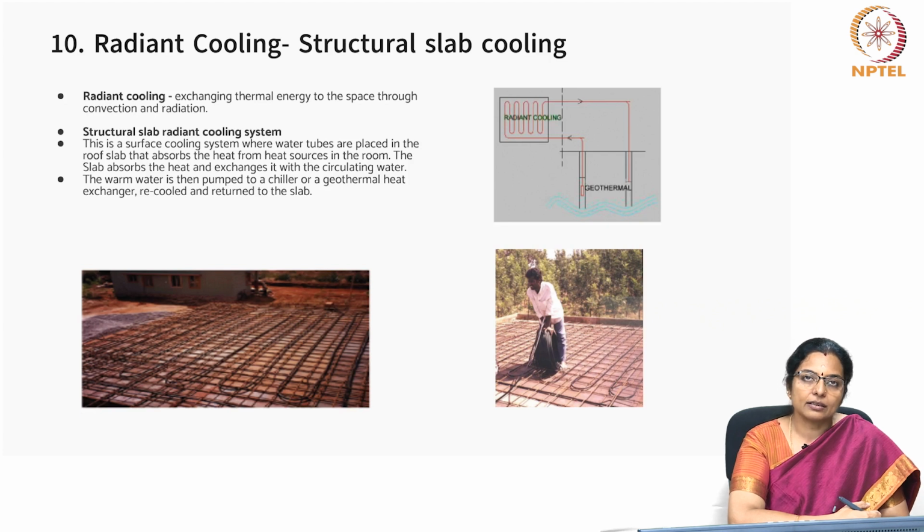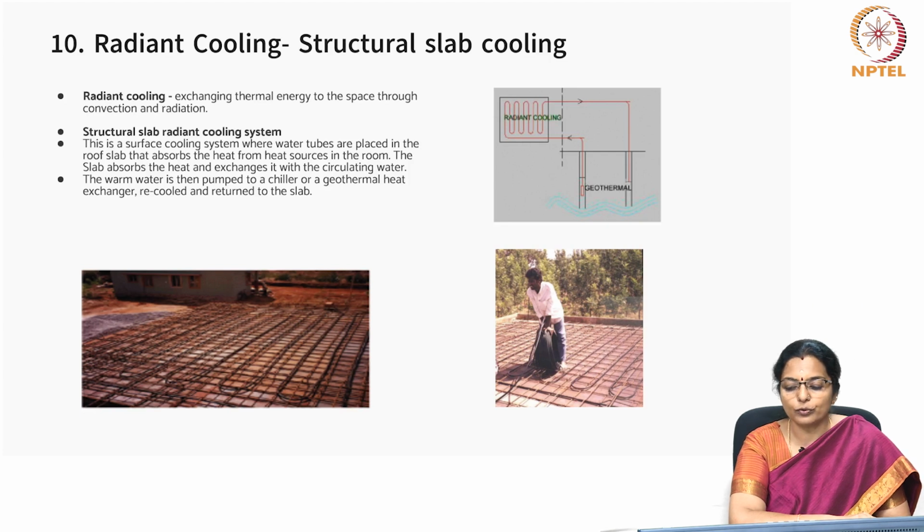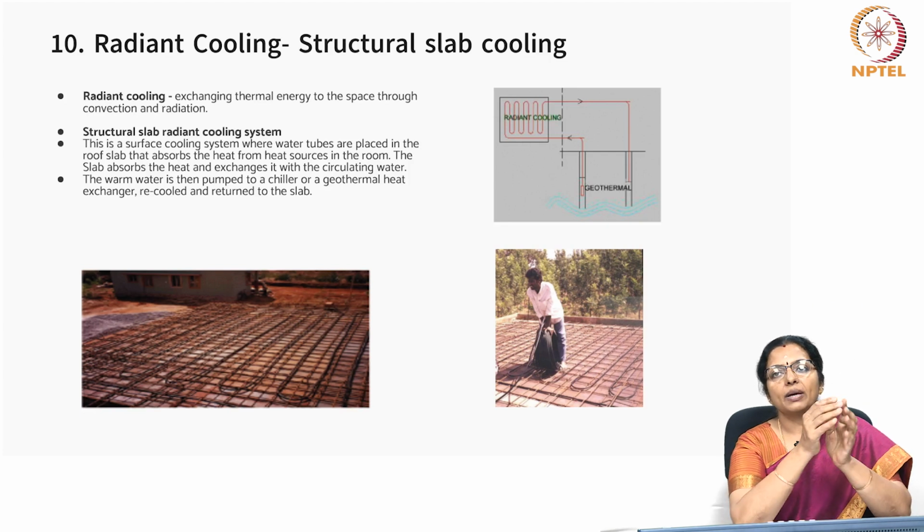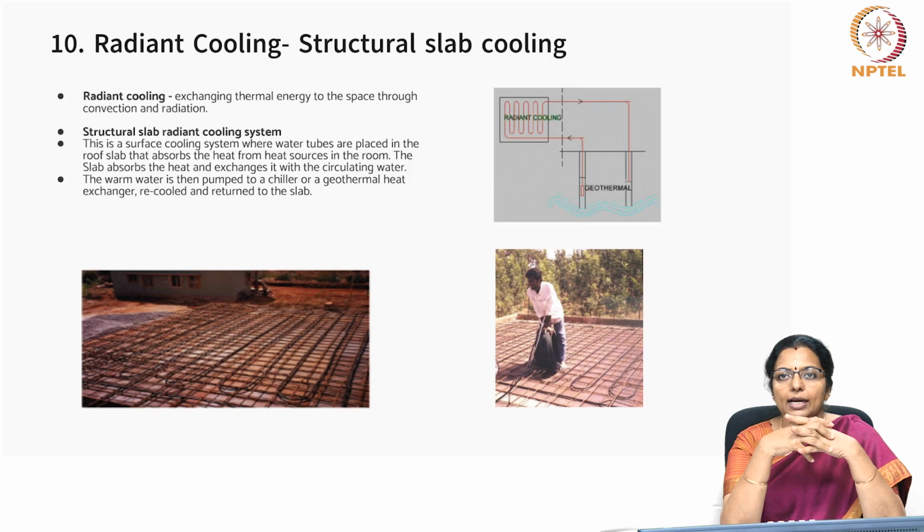Then the next advanced passive technique we will see is radiant cooling, which is structural slab cooling or structural roof cooling. Now, the basic principle of this is that inside the roof slab or the floor slab, there are pipes embedded inside the slab.